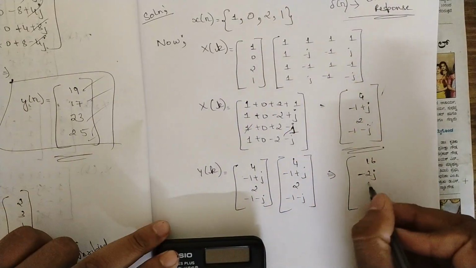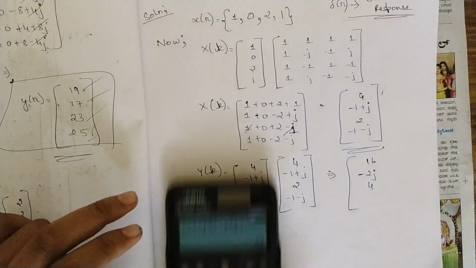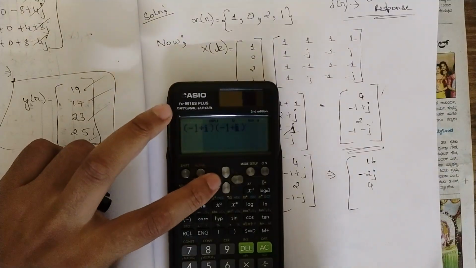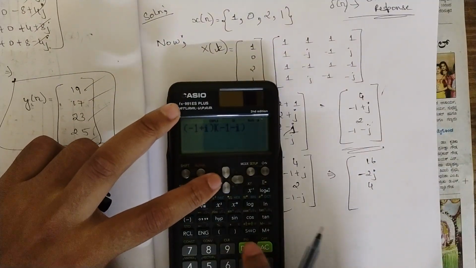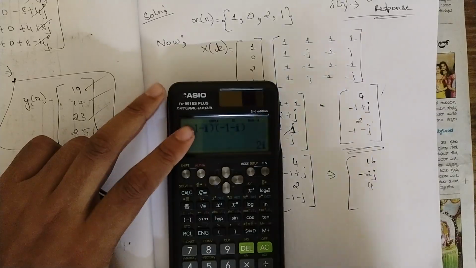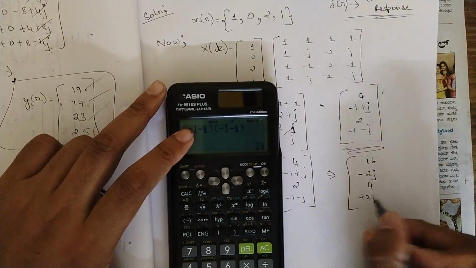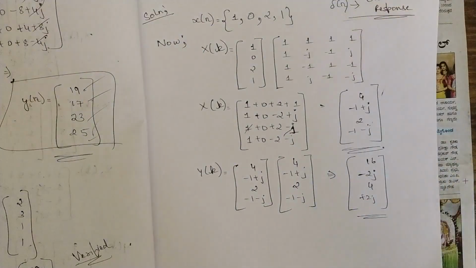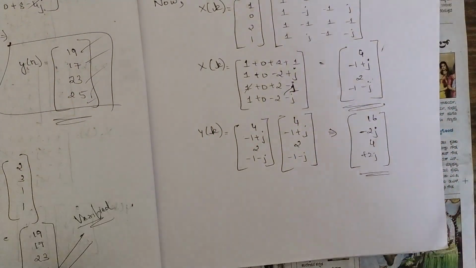Then we have 2 2s are 4, minus 1 minus j, minus 1 minus j. Change it here only. Plus 2j. So this is the sequence which we have got after multiplication.